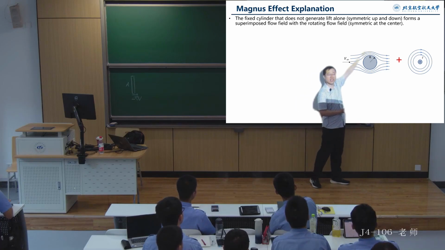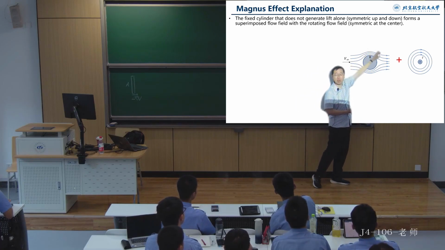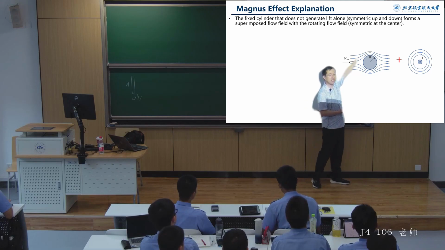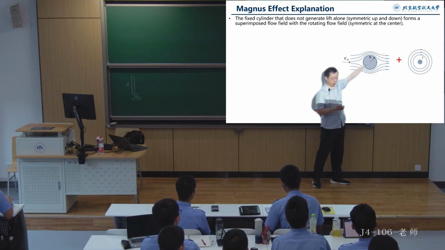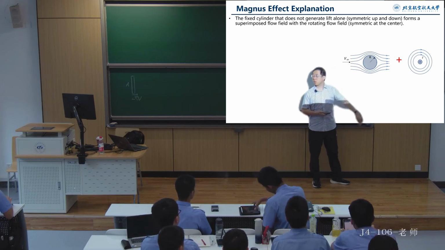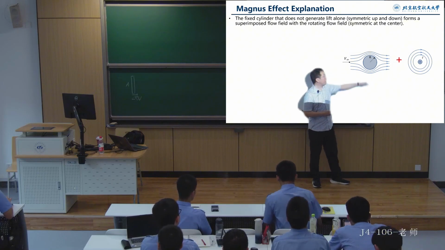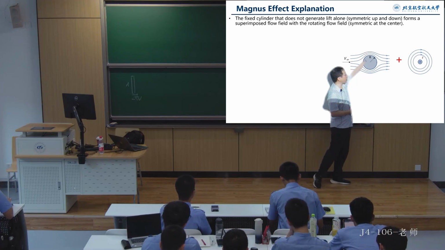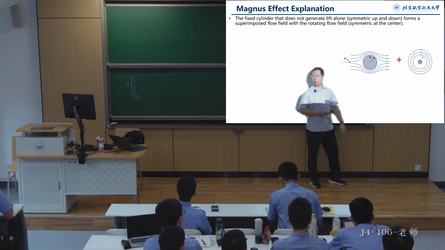There should definitely be some variation, right? So is there any relationship between the top and bottom? The top and bottom should be symmetrical, shouldn't they? Isn't that right? Because it doesn't rotate. So it should be a vertically symmetrical flow.